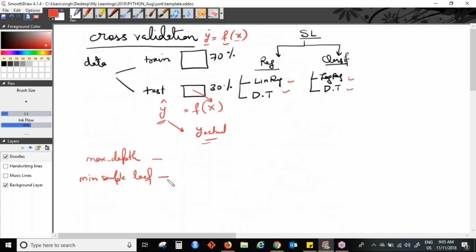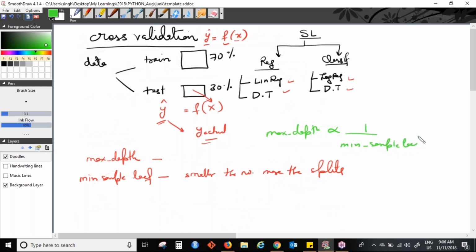That was basically deciding the number of data points to go for a further split. So the smaller the number you give, the more the splits. Or I can say in other ways, that max depth and min sample leaf are inversely related.